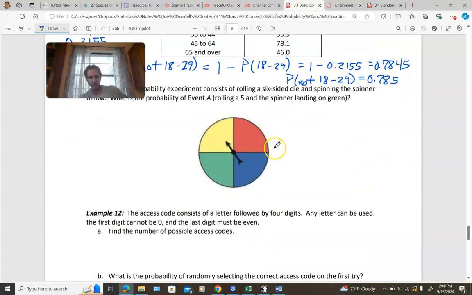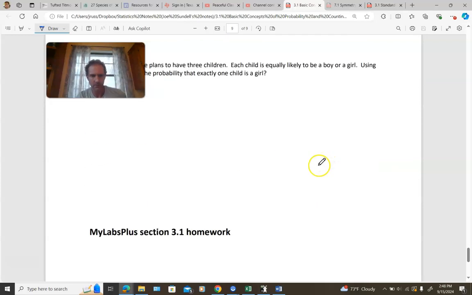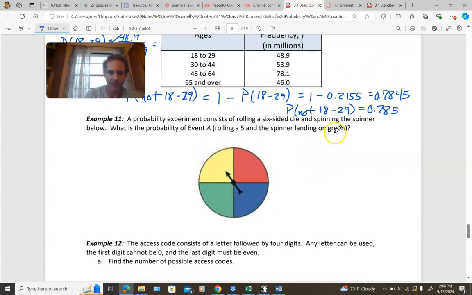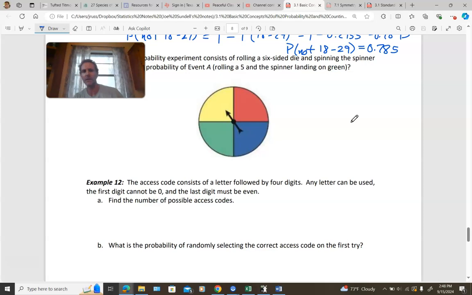All right. I think we got 3 left. None of these are all that long, though. Okay, example 11. A probability experiment consists of rolling a 6-sided die and then spinning this spinner right here. So what is the probability of event A?